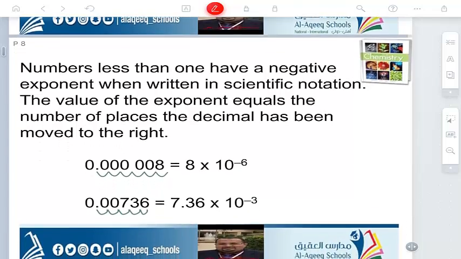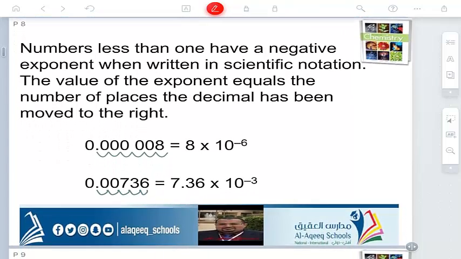As I said, some numbers have a negative exponent, not positive. It means it's a very small number, and in this case you are moving the decimal to the right hand side, not the left hand side as we did before. Look, if the decimal is here, and you have to move it to make the number between 1 and 10, how many steps do you have to move? 1, 2, 3, 4, 5, 6.